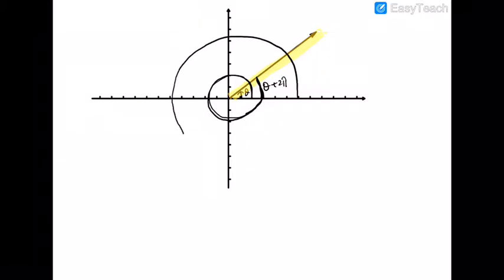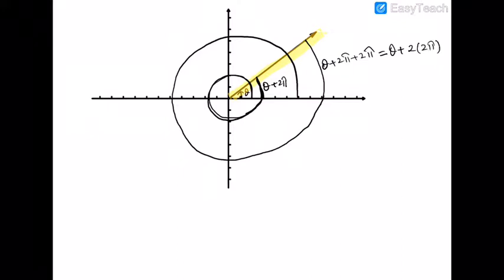Again, if we take a second round and come back to that line segment, this time we will be making theta plus 2 pi plus 2 pi because we took 2 rounds. So it will be theta plus 2 times 2 pi, where theta is the argument of z, and 2 times 2 pi can be written as n times 2 pi, where n represents the number of circles we are taking.